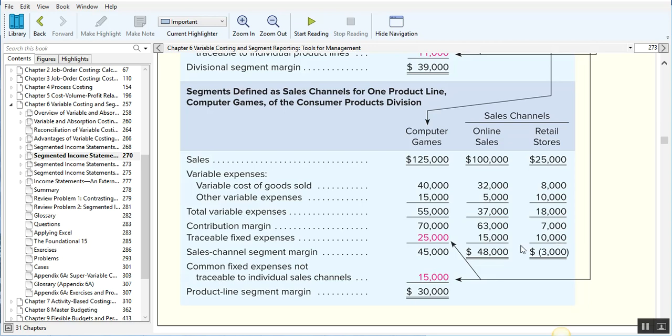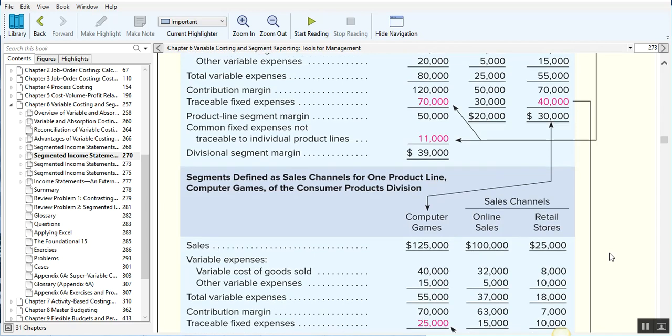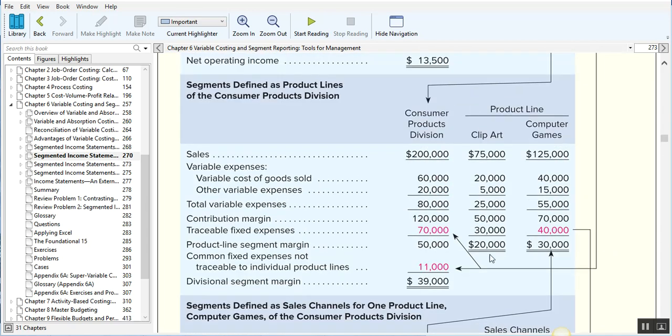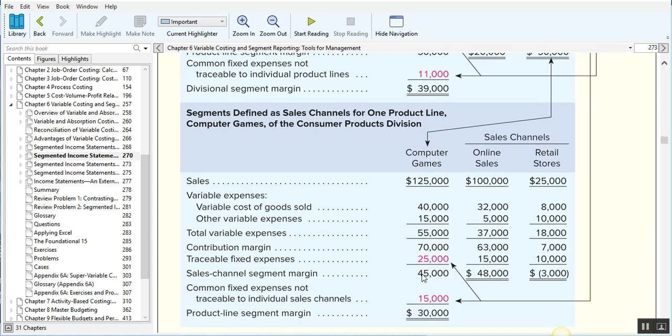And again, we wind up with a sales channel segment margin. But again, we're going to have some common costs that we cannot trace to either one. So we put that in out here in total. But when we're looking at per unit or per sales channel or per product line, we're not necessarily going to look at those common untraceable costs.